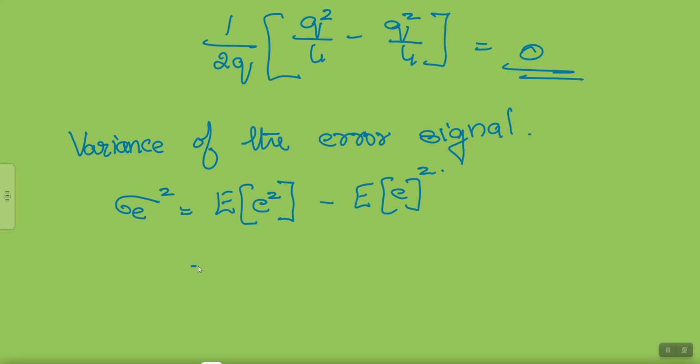Since the expectation value of e is 0, sigma e square can be denoted as the expectation of e square.